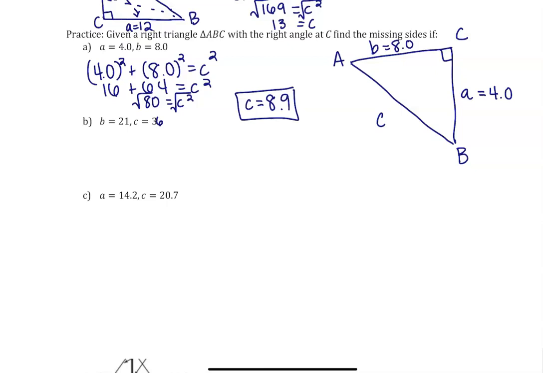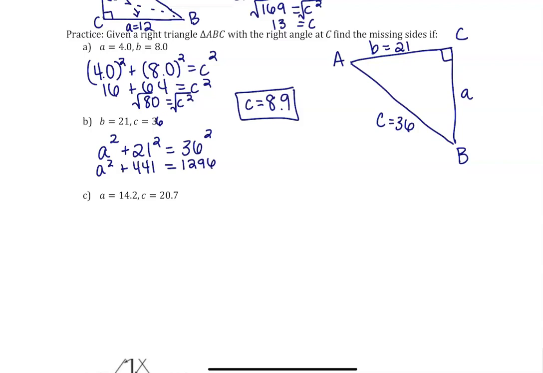Now for part B, we're given that side B is 21 and side C is 36. This time we're missing one of the legs. So we'll leave a squared and we'll add 21 squared, and this time it'll equal 36 squared. 21 squared gives us 441, and 36 squared is 1,296.